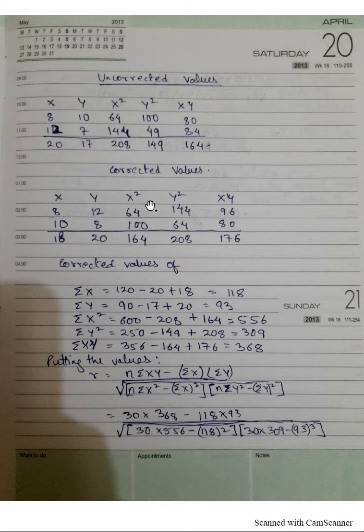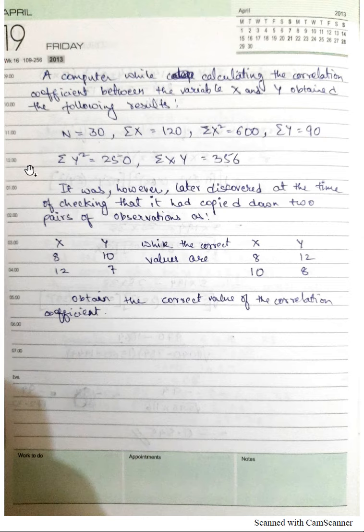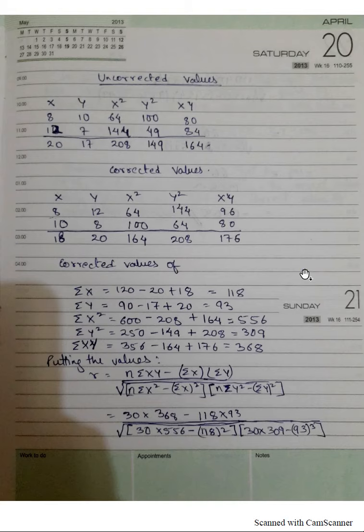Now let us look into the corrected values. So we again write x, y, x square, y square, xy, the values required for our calculation. Now we see what the corrected values are. Corrected values are x is equal to 8, y is equal to 12, x is equal to 10, y is equal to 8.